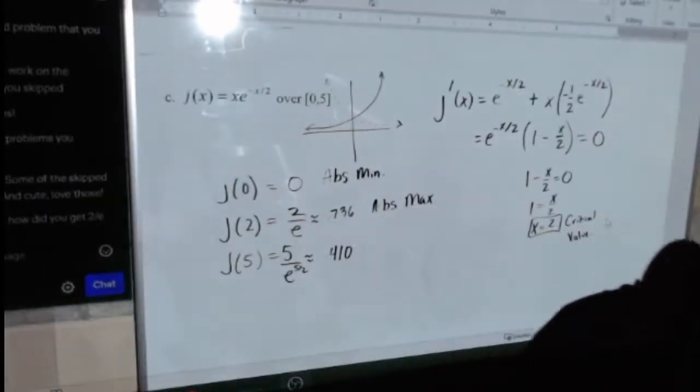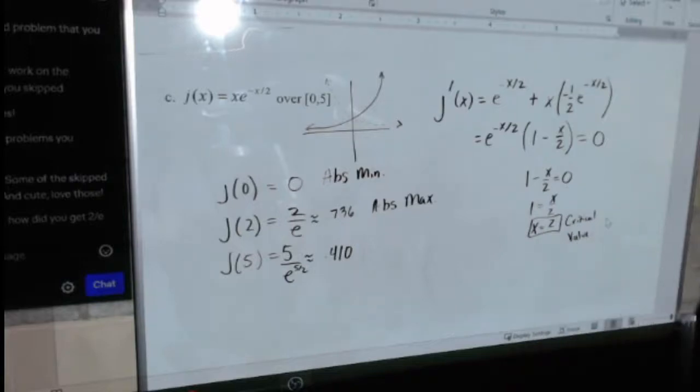So one thing I wanted to say was this only works for closed intervals. So if I were to ask you, find the absolute min and max of this function over all real numbers, right, that would be very difficult to do if a function allowed all real numbers to be plugged in.